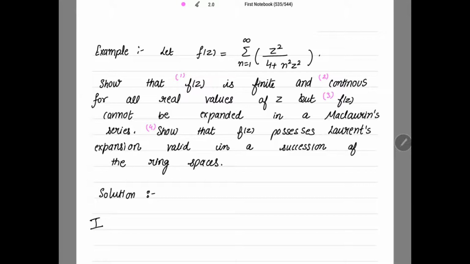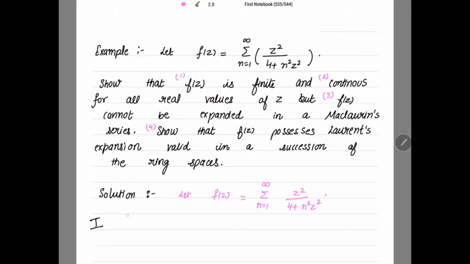The first one is to show that f(z) is finite. That means we have to bring this function to be less than some real number. Let's check. For the solution, let f(z) be equal to the sum, n going from 1 to infinity, of z square over 4 plus n square z square.